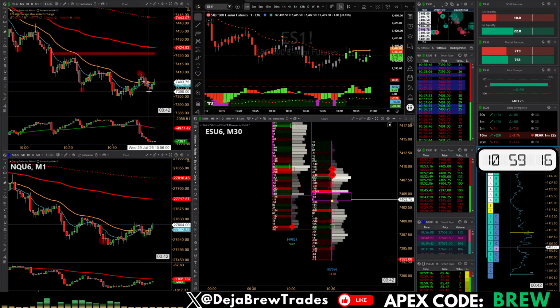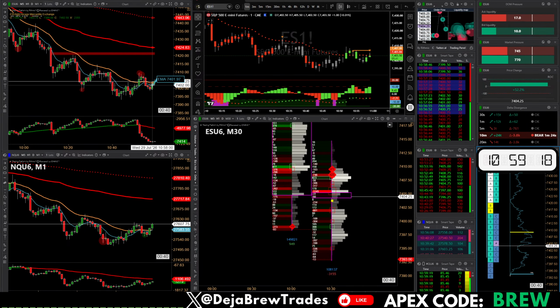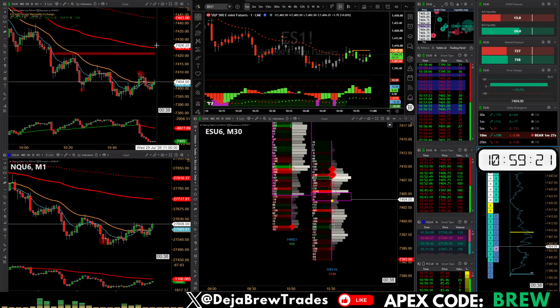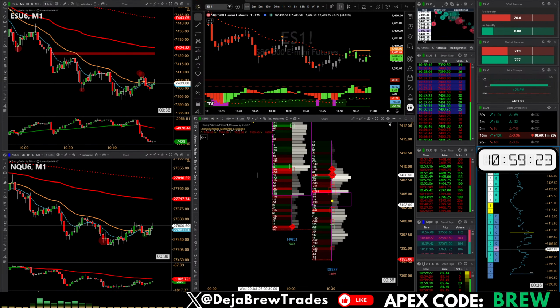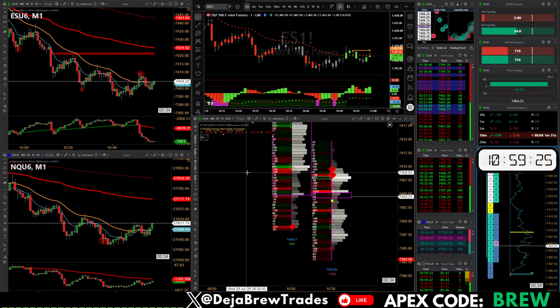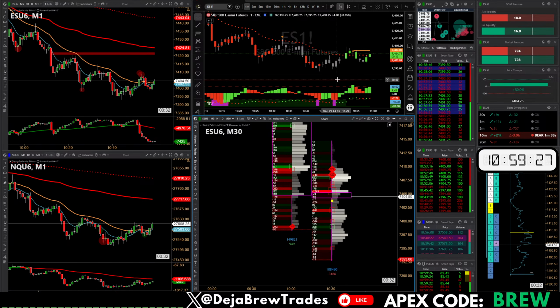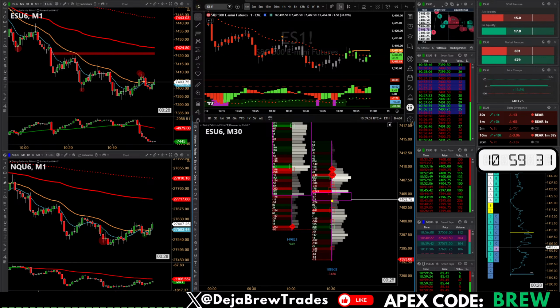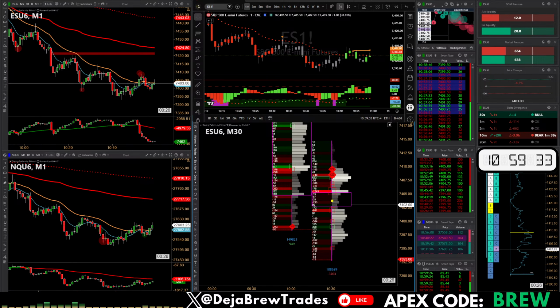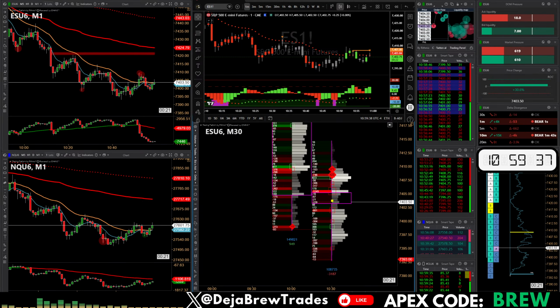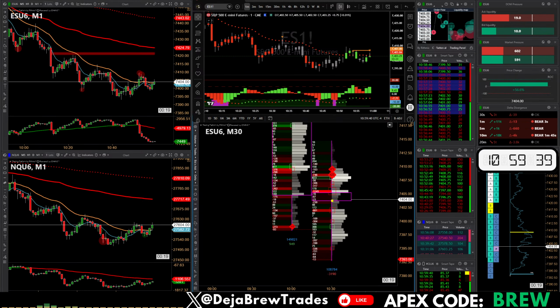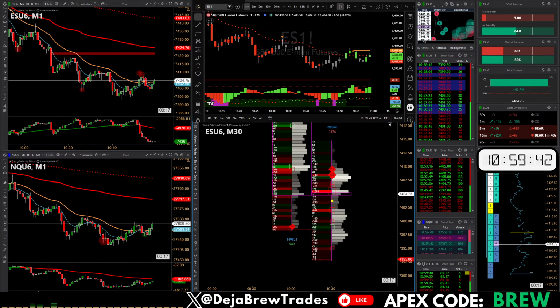There is a little bit of a higher low here. If they put in a higher high above the EMAs, they're going to look for VWAP, most likely. It's almost like a rollover bottom, but it just doesn't have that same sweep.